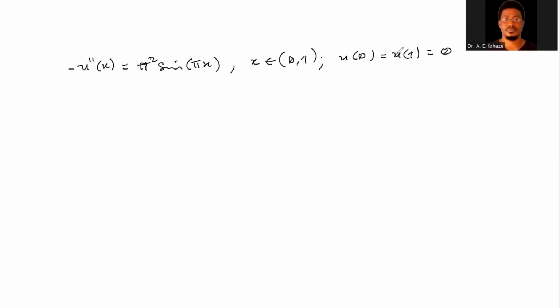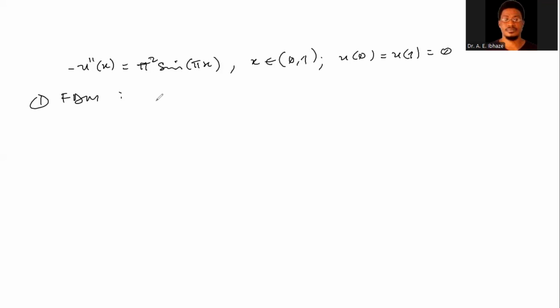So for us to solve this, let's apply the finite difference method. The first thing we want to do is to discretize the domain. And for us to do that, we already know that the interval is given between 0, 1. So we want to therefore divide this into n equal subintervals.